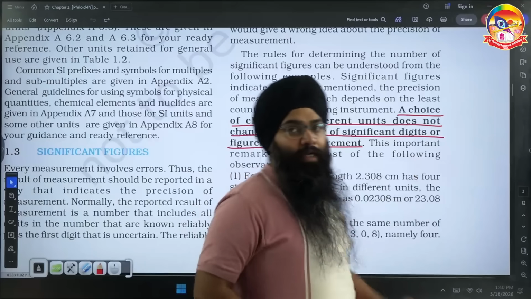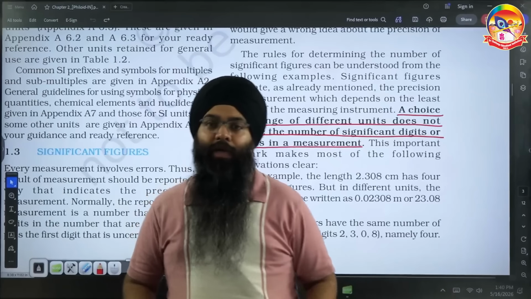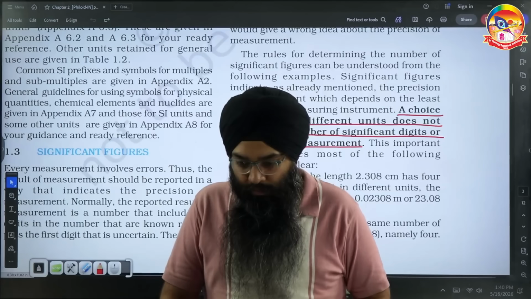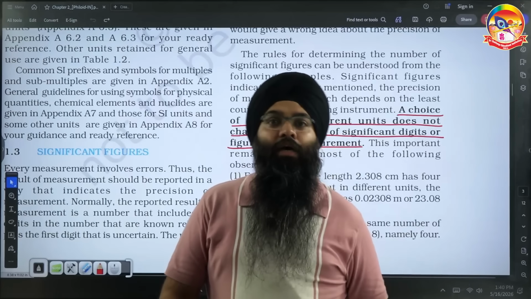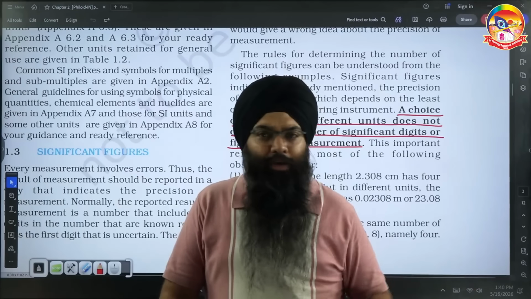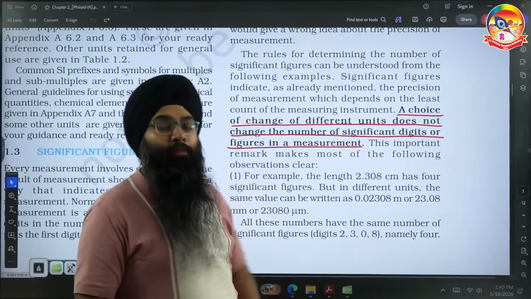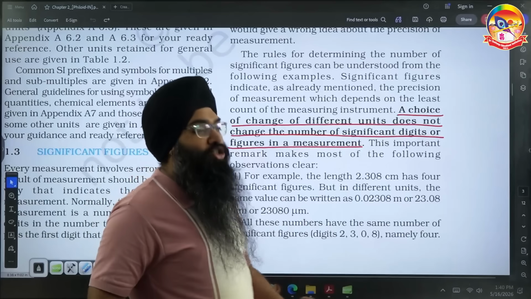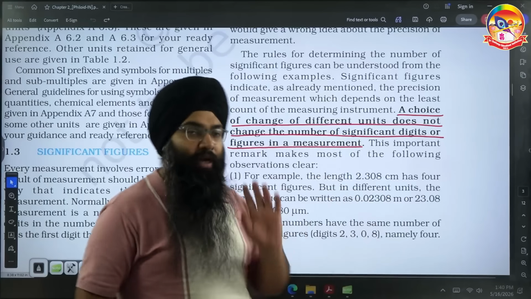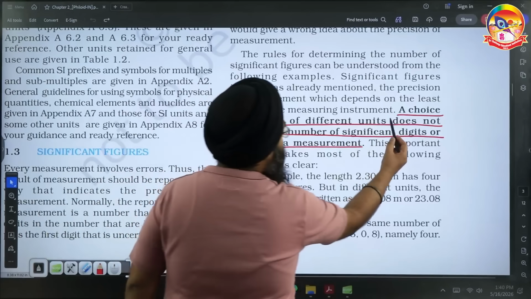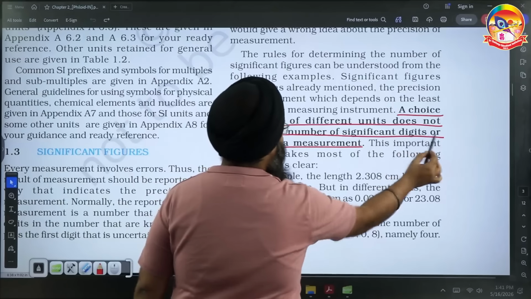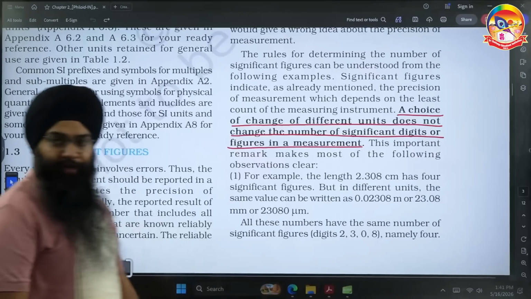If you have done a measurement of length in centimeters, and now you change the unit of length to meter or kilometer or some other unit, the significant digits should never change.